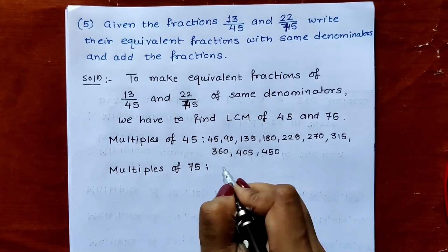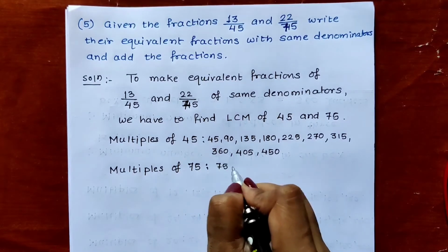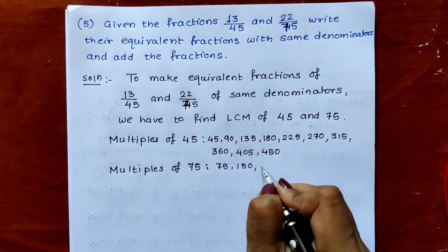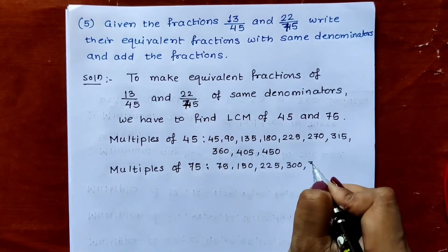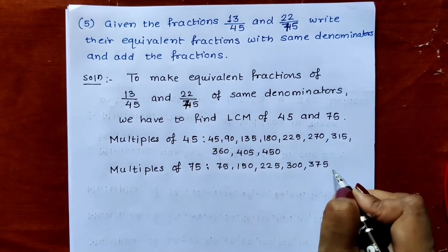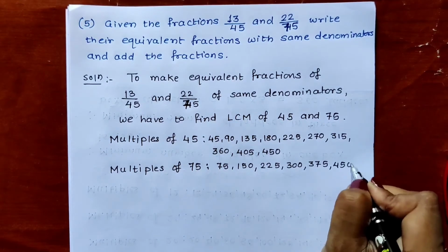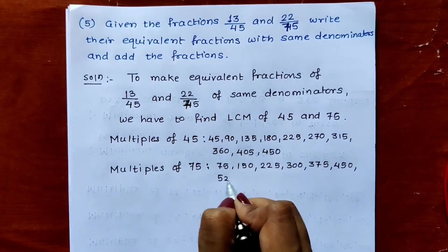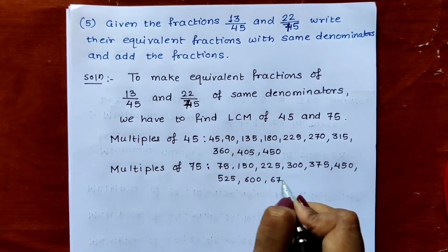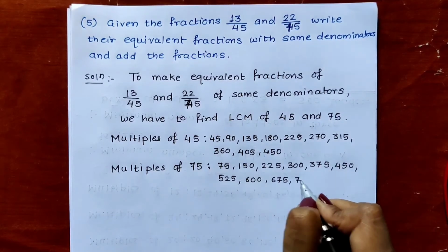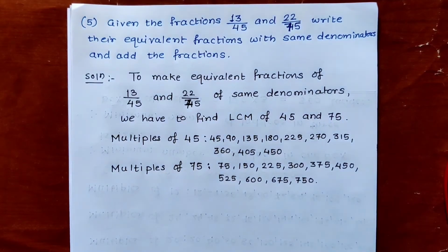Now multiples of 75: 75, 150, 225, 300, 375, 450, 525, 600, 675 and 75 tens are 750. In this way we have got the multiples.